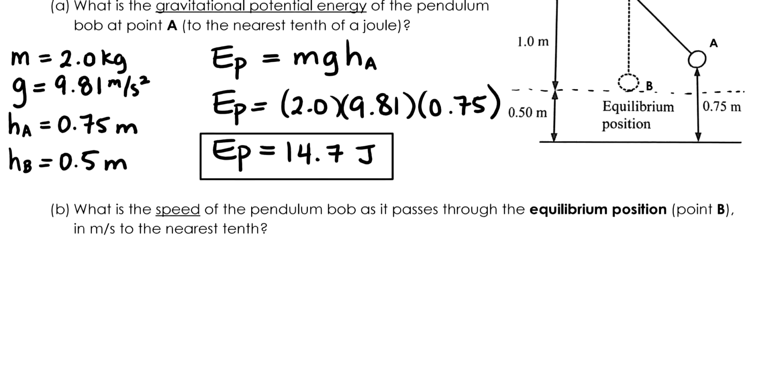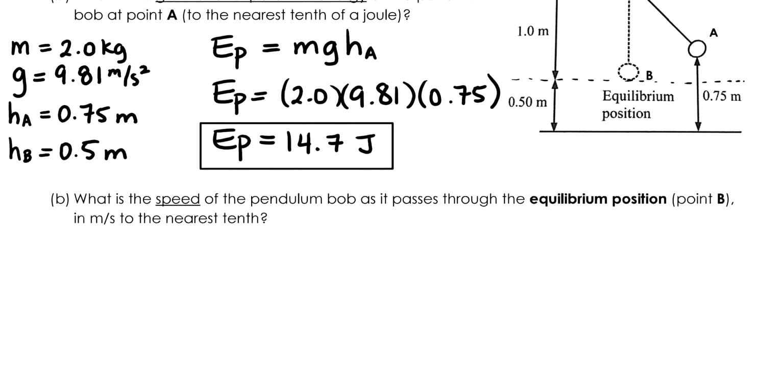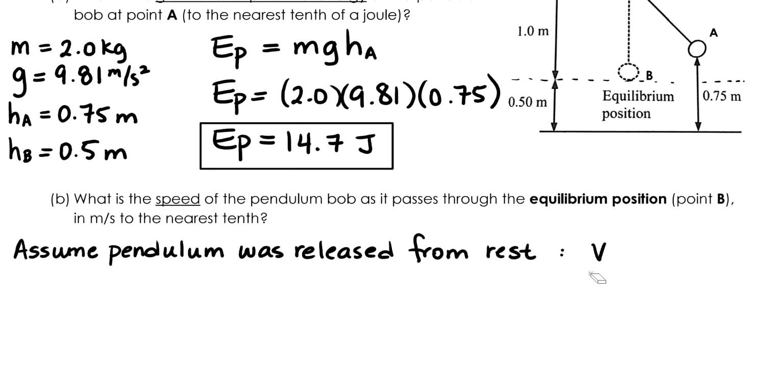Part B asks us to find the speed of the pendulum bob as it passes through the equilibrium position at point B to the nearest tenth of a meter per second. In order to do this, we have to assume the pendulum was released from rest, which in physics terms means that the speed at point A, where the pendulum was released, must be zero.